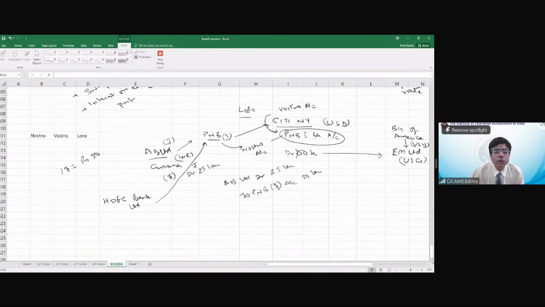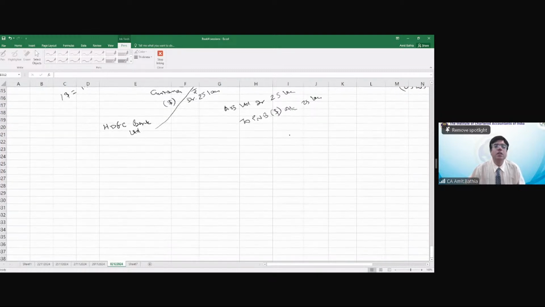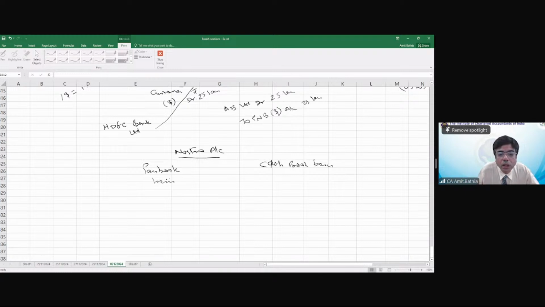Now in vostro, nostro and Loro, we need to do one calculation part. When you are talking about your nostro account, just like our bank account, you maintain your bank account on cash book basis, and then you have the passbook basis. This is bank reconciliation, which we have done earlier also. What is the difference between these two? Cash book basis and bank book or passbook basis.